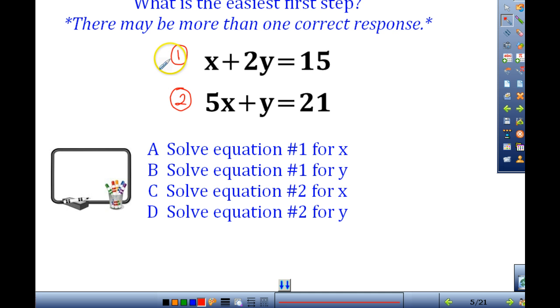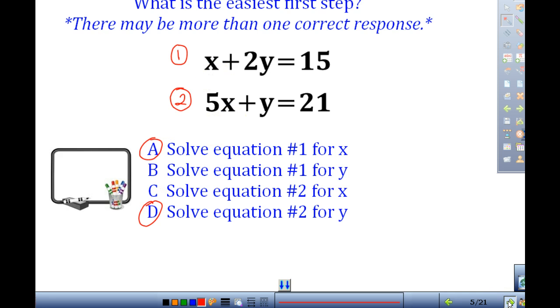The first equation, what variable? Which one's easier to get by itself, x or y? Yeah, probably x. Just have to do a little bit of work, move the 2y over. And what about the second equation? Y. Yeah, it's easy to solve for y here. You can move the 5x over, and now you have y equals. So we can either solve the top equation for x or the bottom equation for y.